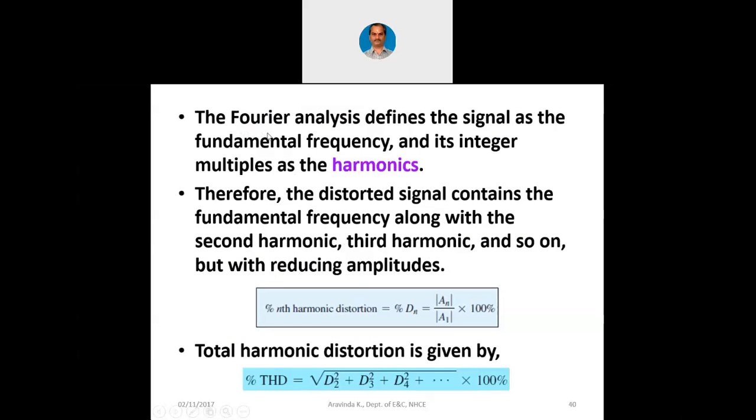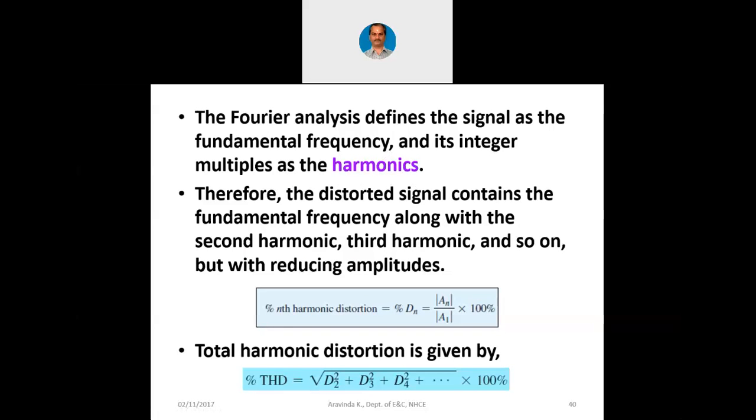You have already gone through the Fourier series. It is discussed in the maths courses also. It is discussed in the signals and systems course also. The Fourier analysis defines the signal as the fundamental frequency and its integer multiples as the harmonics.